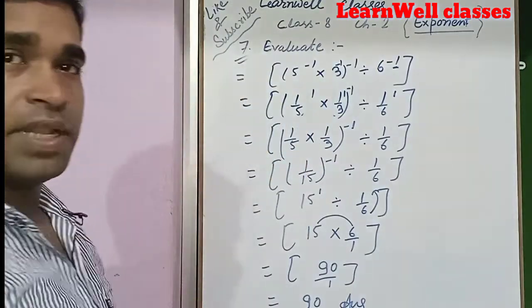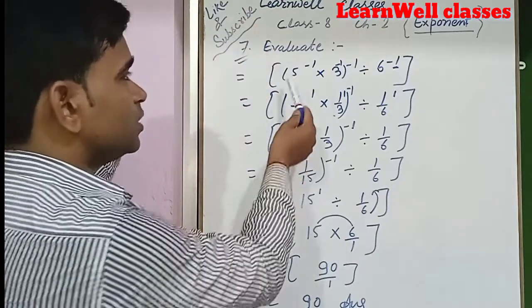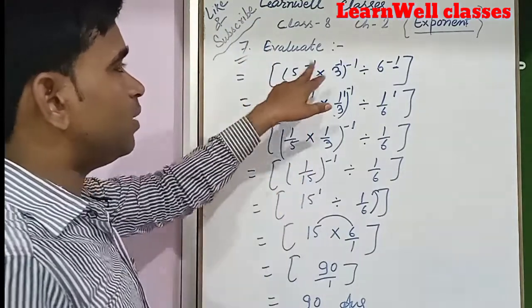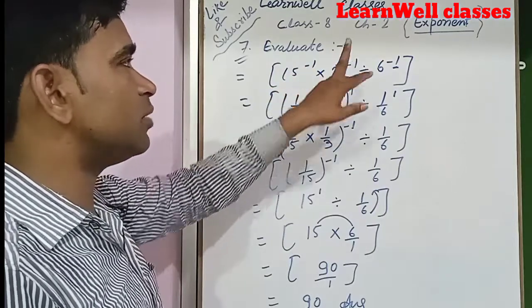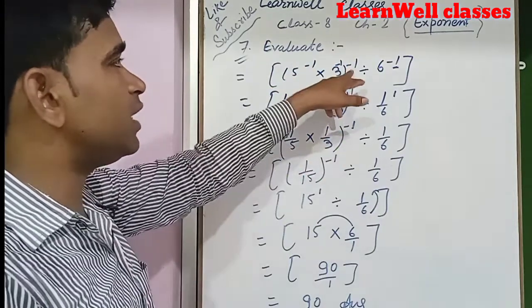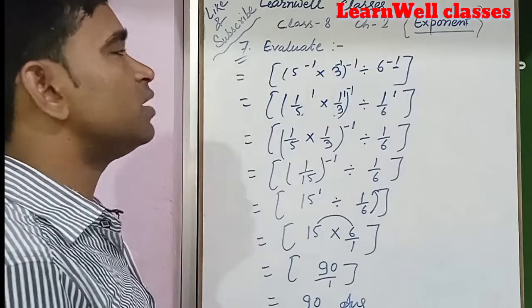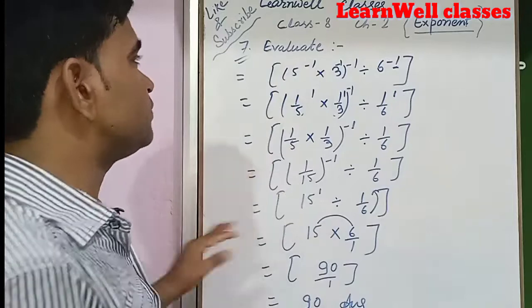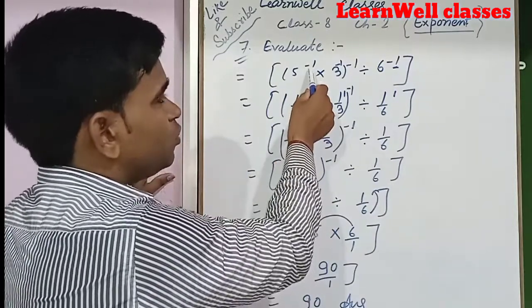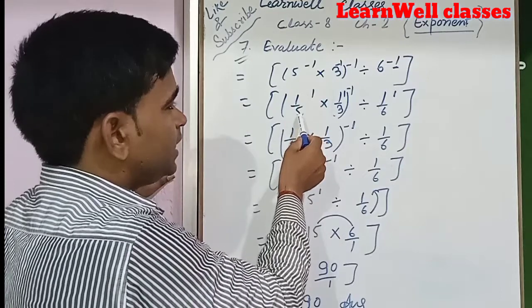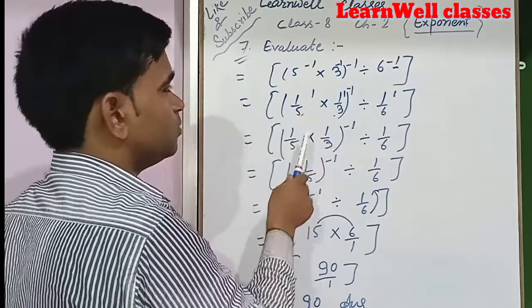Let us solve the question again: 5 raised to the power minus 1 and 3 raised to the power minus 1, and whole raised to the power minus 1, divided by 6 raised to the power minus 1. When the exponent is in minus form, it will be reversed and go to positive form.